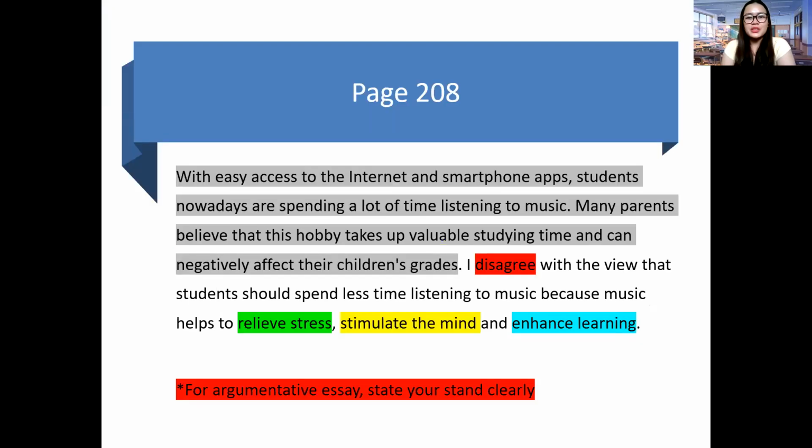Okay, moving on. On page 208, you can go to page 208 together with me. The question is the one we discussed just now: should students spend less time on music? The author starts with something general, the situation nowadays, and then mentions the 3 points.